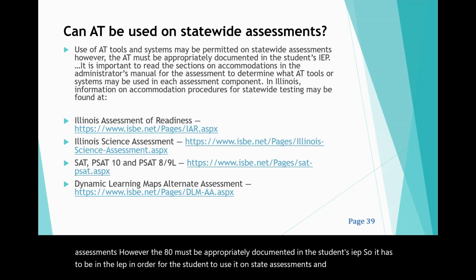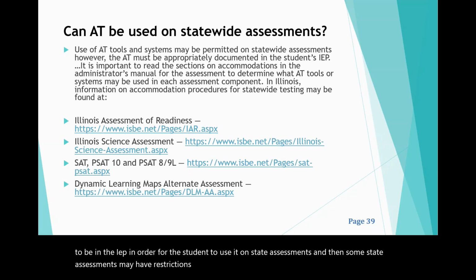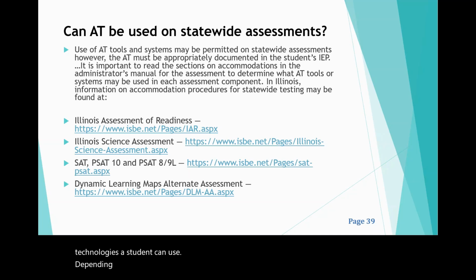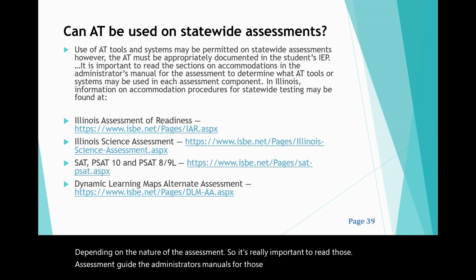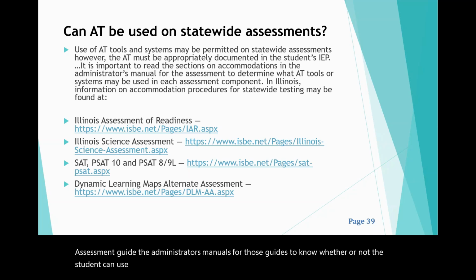And then some state assessments may have restrictions or limitations on the kinds of accommodations and assistive technology the student can use, depending on the nature of the assessment. So it's really important to read those assessment guides, the administrator's manuals, to know whether or not the student can use assistive technology on statewide assessments.